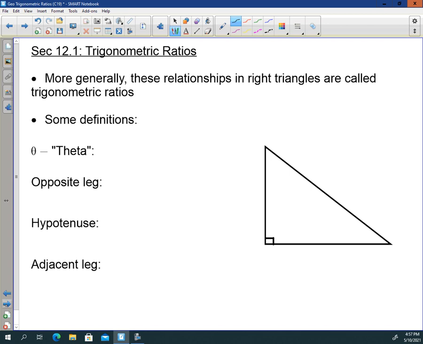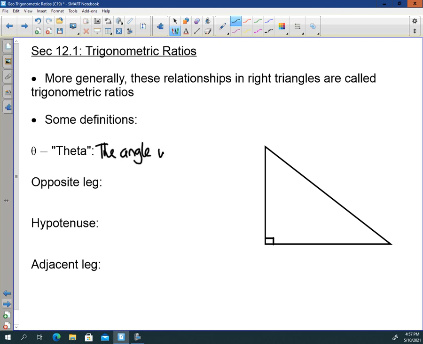They're these entirely predictable relationships. But before we get there, let's have a few definitions. So we're still working in right triangles, and when we're talking about trigonometry, we're going to have some angle that we know or want to know. We're going to call this theta, the angle.